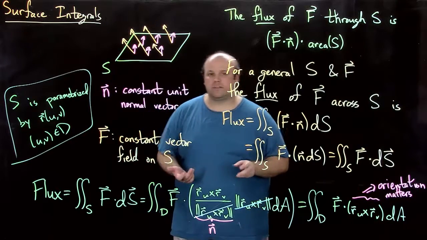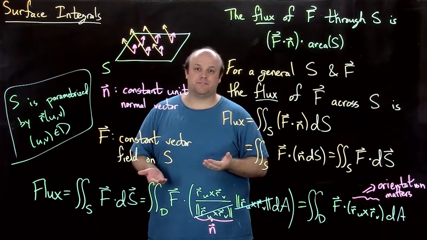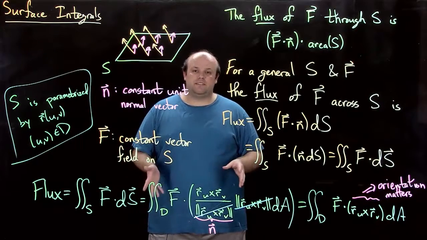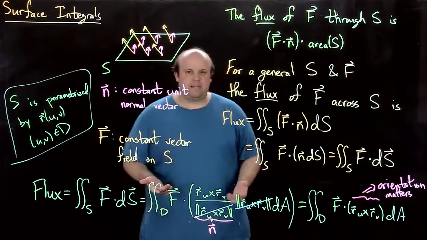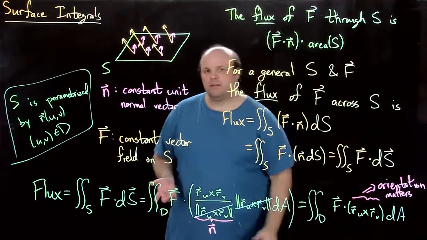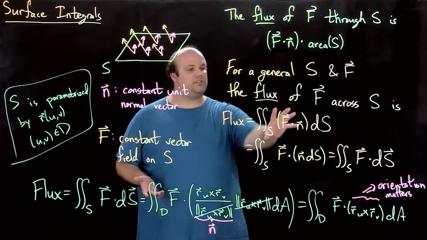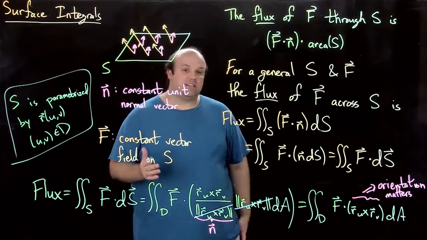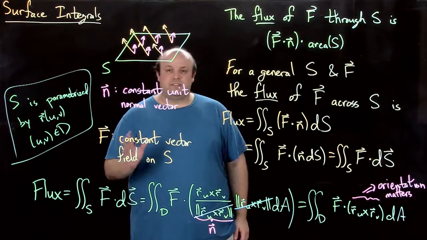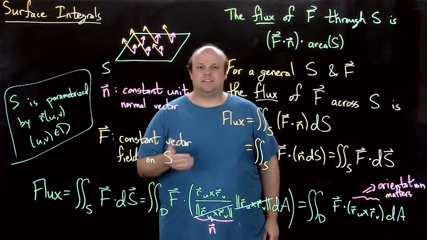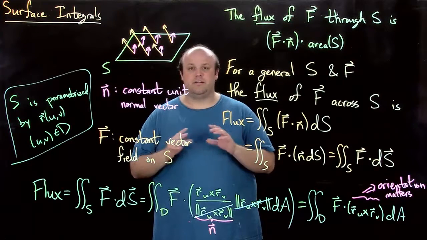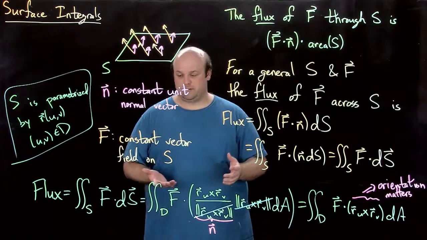If you choose the wrong orientation, things will be backwards. So this is the definition of flux. It's not too bad of an integral to compute. The definition is a bit messy. There's a lot built into it. But at the end of the day, it's really not so bad. You just have to be able to parameterize the surface, and then you get something that I think is even easier than computing the scalar surface integral.